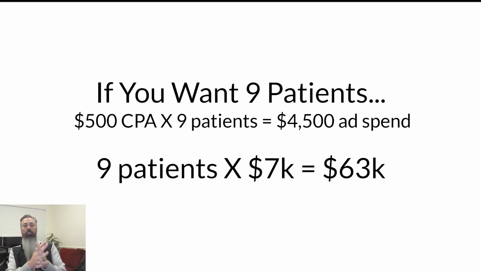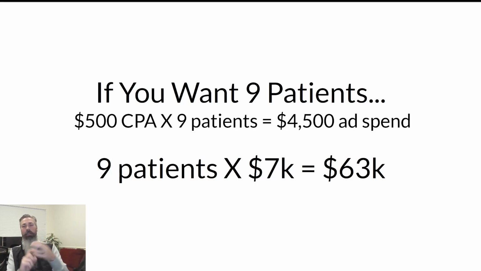math equation. So let's say you want to have 9 new patients coming in this month. That means you have a cost per acquisition of $500 times 9 patients. That equals $4,500 in ad spend if nothing changed across the entire board. Everything was exactly the same as it was when you did your test. Now, there are a lot of improvements. There are a lot of changes.